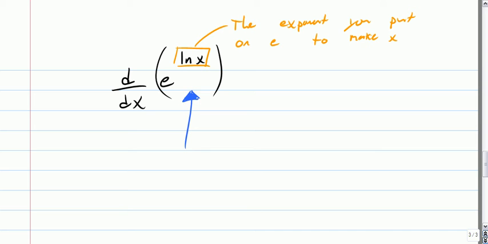So why don't you just go ahead and put that exponent on e? What are you going to get? X. So that's the same thing as finding the derivative of just x. Well, what's the derivative of x with respect to x? That's 1.